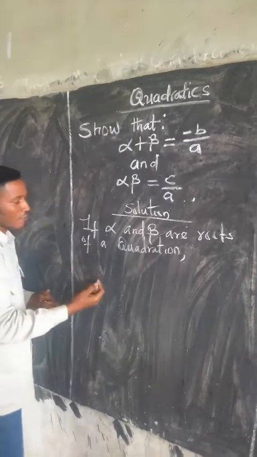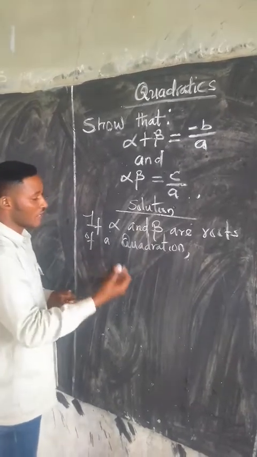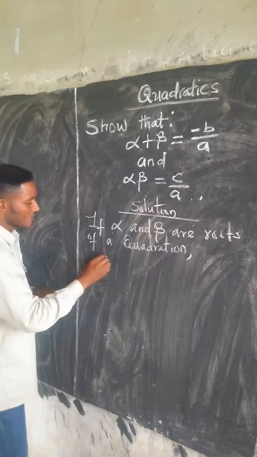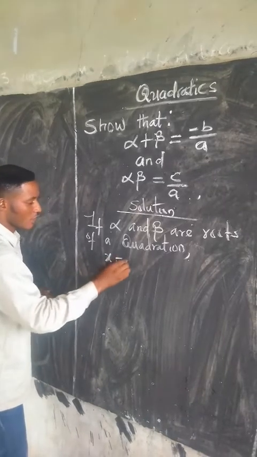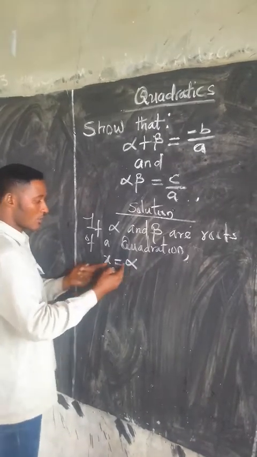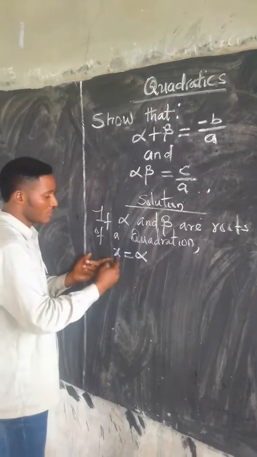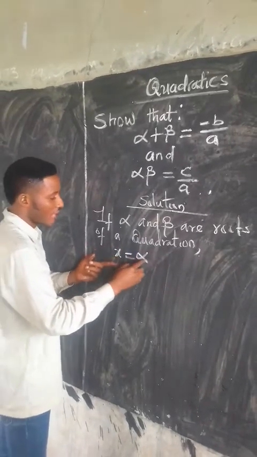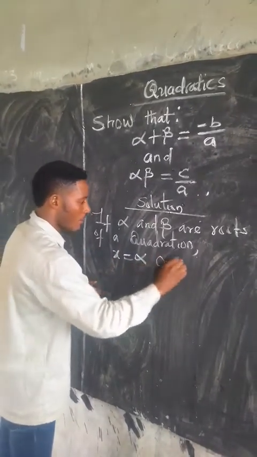That is, if for example the independent variable is x, it means that x equals alpha. Since alpha is one of the roots, the independent variable x equals alpha or beta.